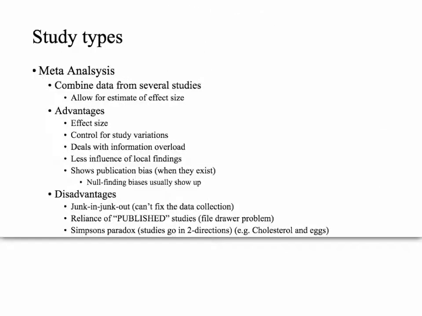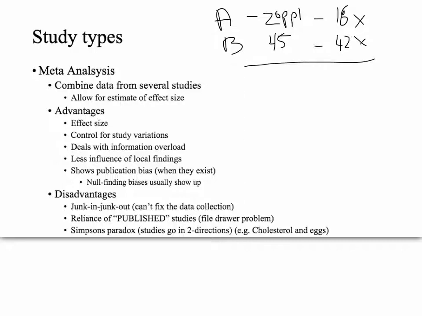A meta-analysis will say paper A used 20 people, and of those 20 people, 18 had X condition, and paper B had 45 people, of whom 42 had X condition, and then it'll add all of these up, find new averages, and find new statistical significances. So a meta-analysis will combine data from several studies, and it will allow for a true estimate of effect size.